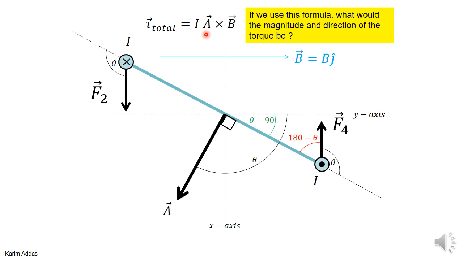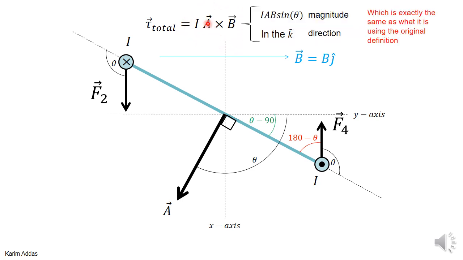It means that if you write down the torque in this new way, as I times the area vector crossed into B, will this give us the correct torque vector or not? Let's look at the magnitude. The magnitude is IAB sine theta, and we just showed that theta, the angle between A and B, is exactly the same as the theta we had before. So the magnitude is exactly the same. What about the direction?